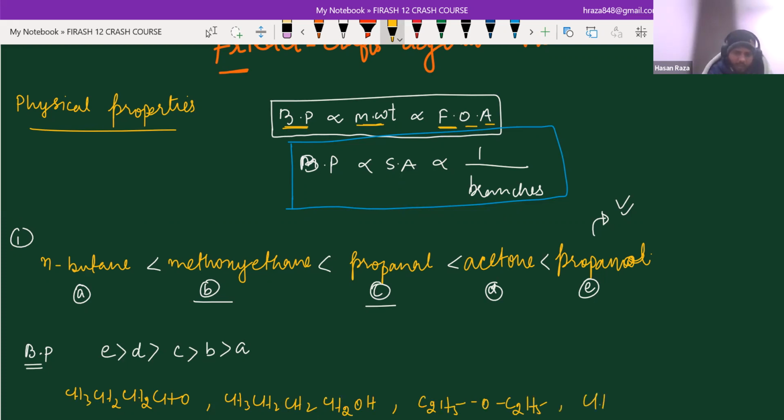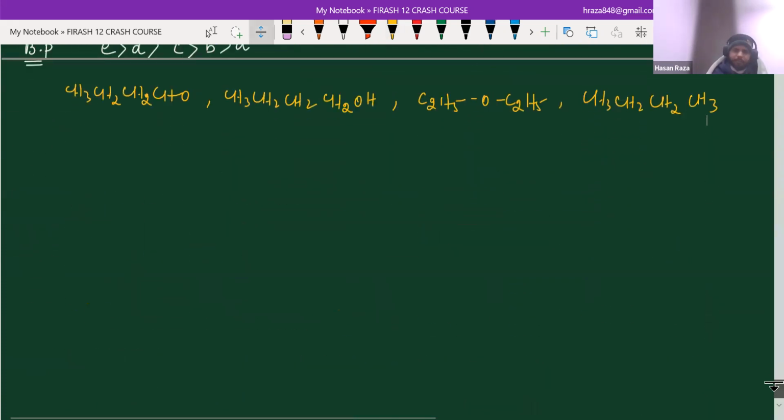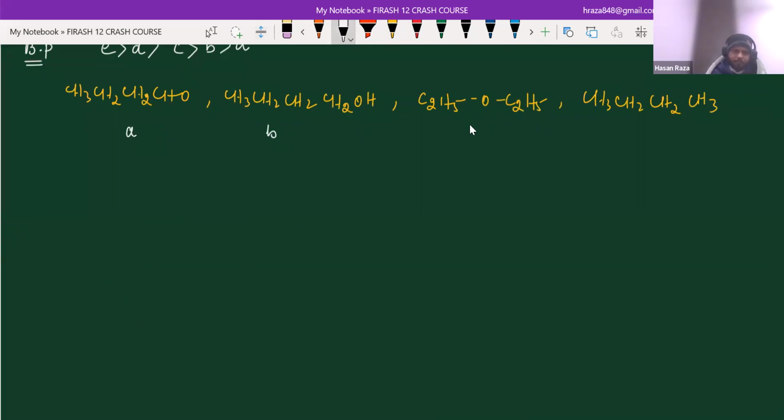Then comes your butane, CH3, CH2, CH2, CH3. Arrange in increasing or decreasing order of boiling point.